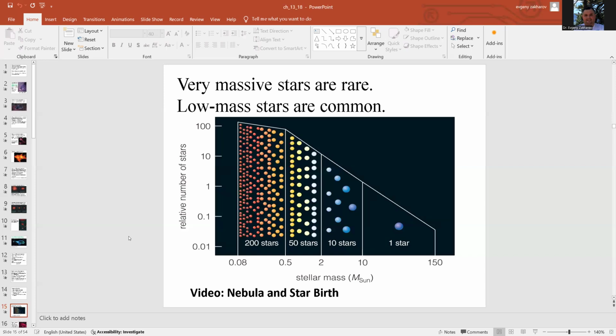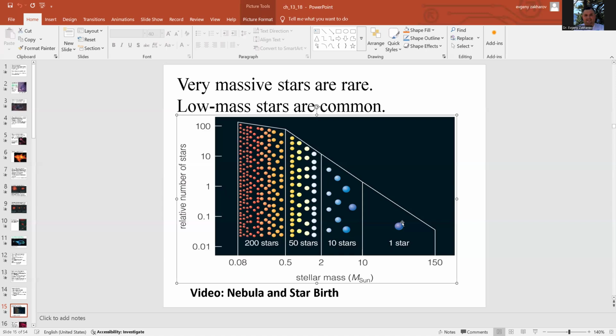So we're about to discuss the differences between high mass stars and low mass stars, and this diagram really shows you the numbers. So you have just one high mass star versus hundreds of low mass stars, and only high mass stars are really capable of producing elements heavier than carbon, and everything past iron also requires an extreme mass.